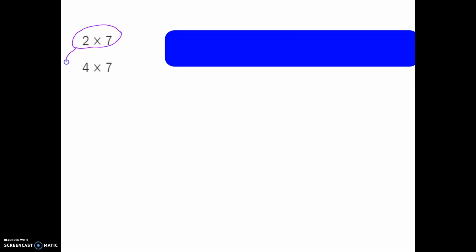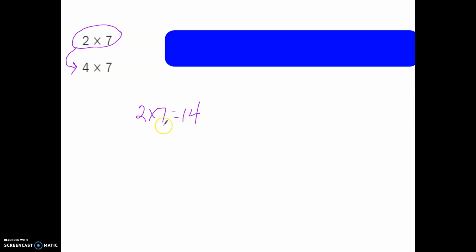7 to help you figure out 4 times 7. Well, when I look at this, I know that 2 times 7 is 14, and I want 4 times 7. Well, that's not just one more 7, that's 2 more 7s. So I could use my doubling strategy.